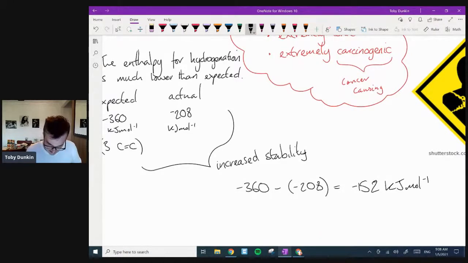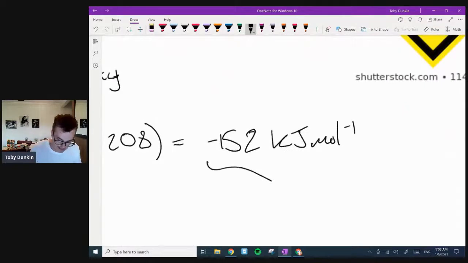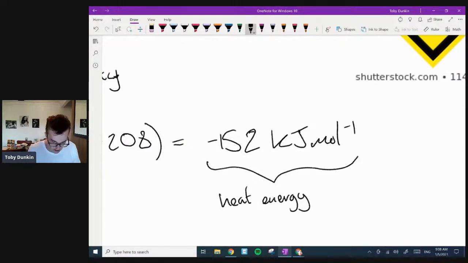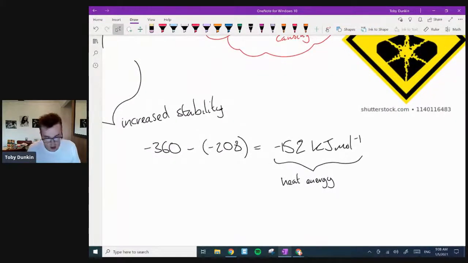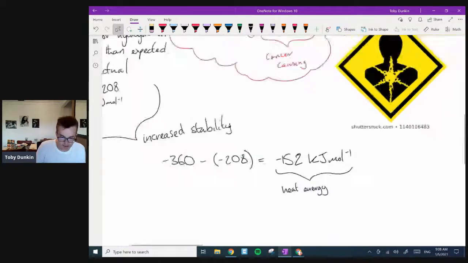This here is the heat energy of stability. It's the difference in heat energy between the two, and that's the amount of energy and extra stability it's providing. Would I want to do it as a positive? No, I don't think I would.